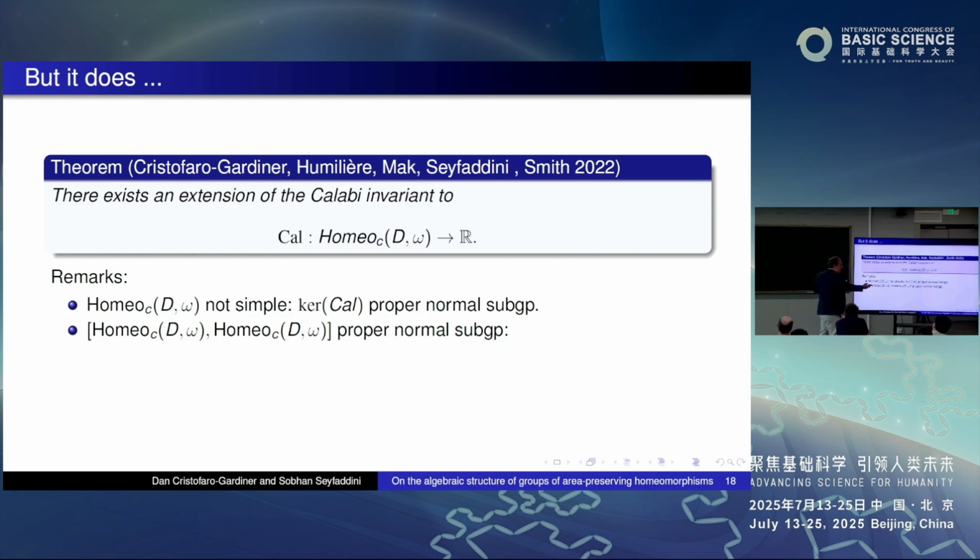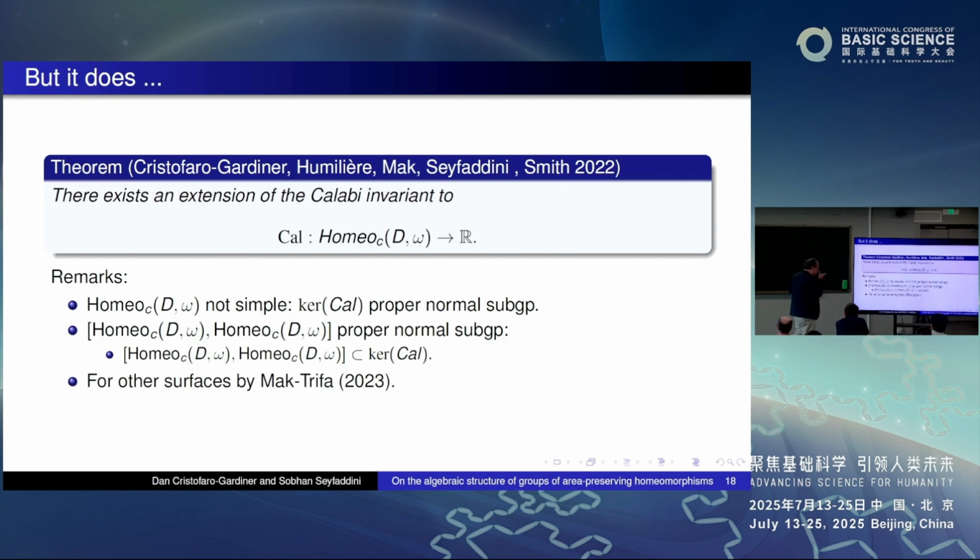Maybe you could imagine that the commutator subgroup is going to be the kernel of this. That's what happens in Banyaga's case, for example. But we don't have a very good understanding of how to characterize the commutator subgroup in terms of a homomorphism. The commutator subgroup is certainly part of the kernel of this, but we don't have a good understanding. Another remark is that here we're talking about the case of the disk, but for general surfaces, our work was generalized by Mack and Treefan, 2023.